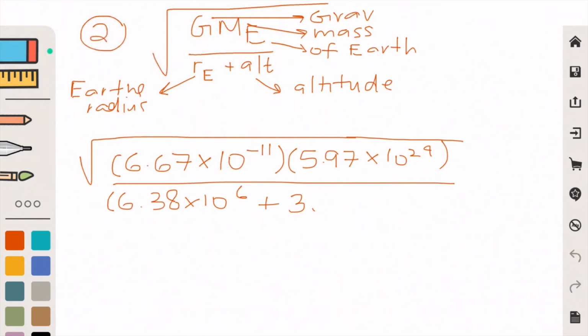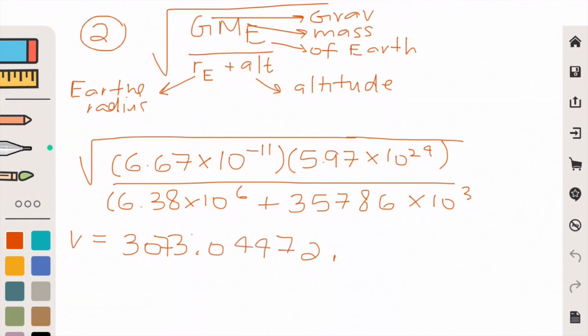So what you're left with essentially is the square root of 3.98199 times 10 to the power of 14 over 42166000. So the velocity in meters per second is 3073.04472.